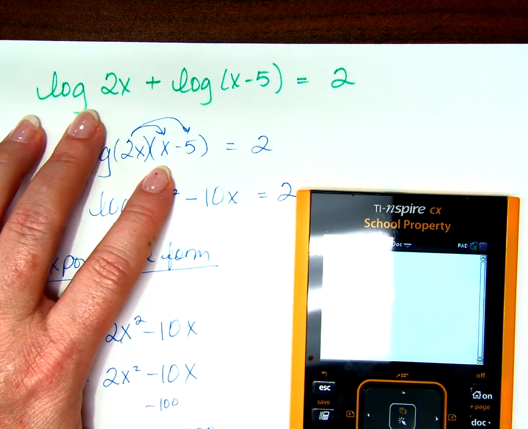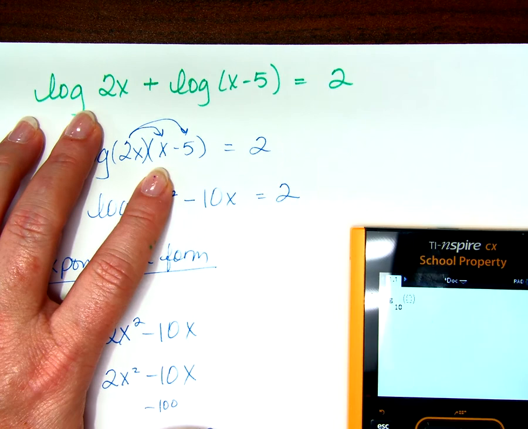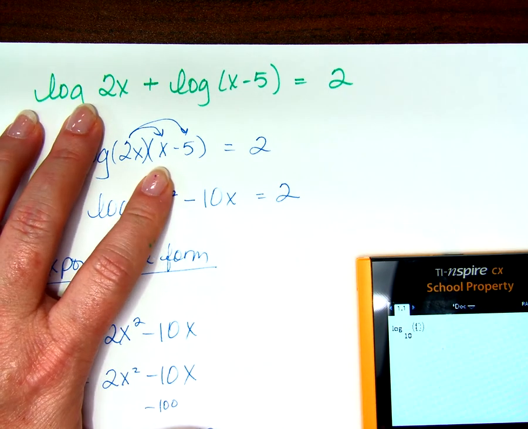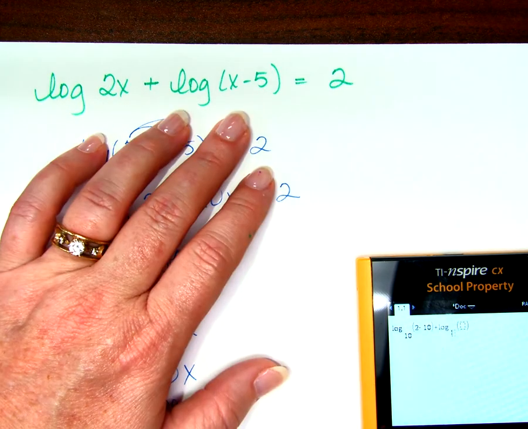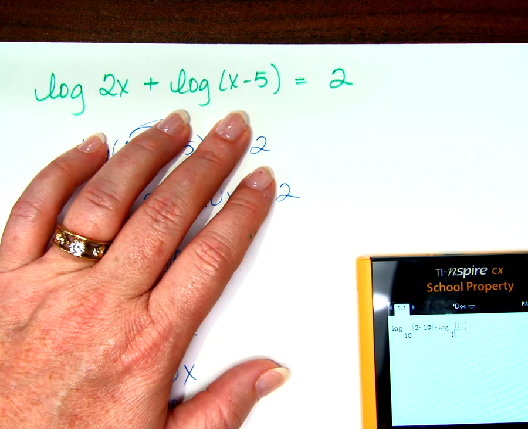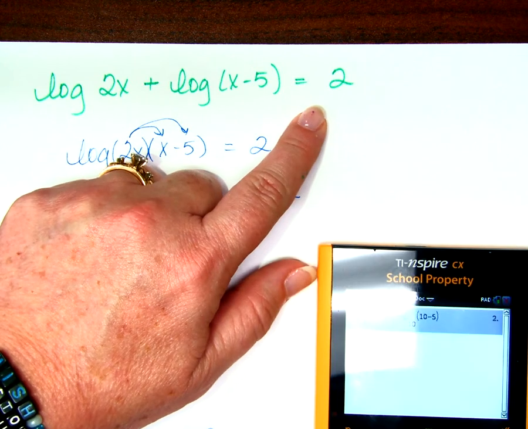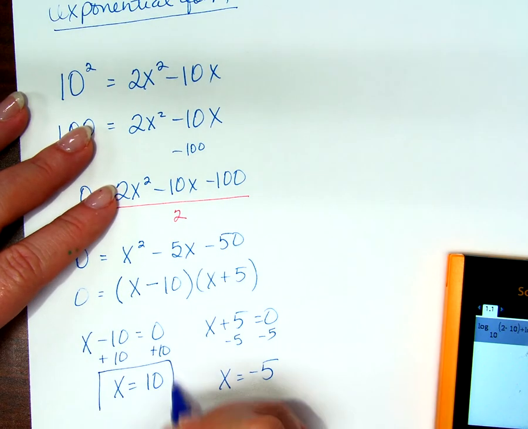Now I don't have to put the base in if I don't want to, because I know that it's base 10 because there's no base written, of 2 times 10 plus log base 10 of 10 minus 5. And I know that that answer should be 2 if I got it correct, and I did. So I know that x equals 10 is an answer.